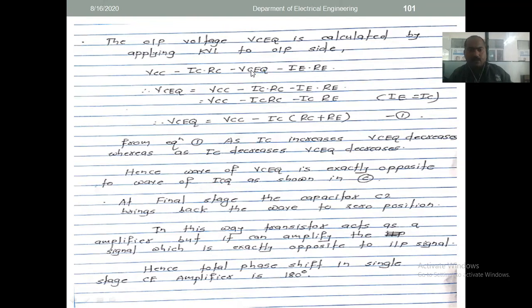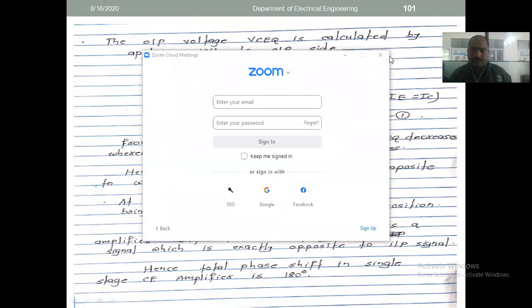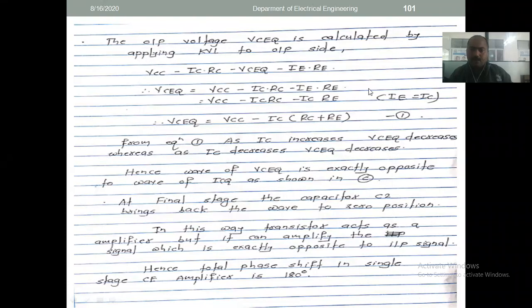Minus going to the other side becomes plus VCQ, other things the same: VCC minus IC into RC minus IE into RE. So your equation is VCQ equal to VCC minus IC into RC minus IE into RE.